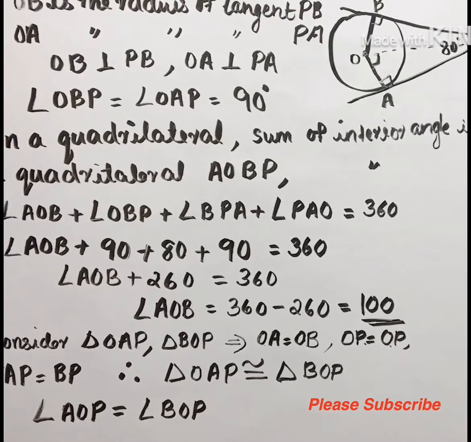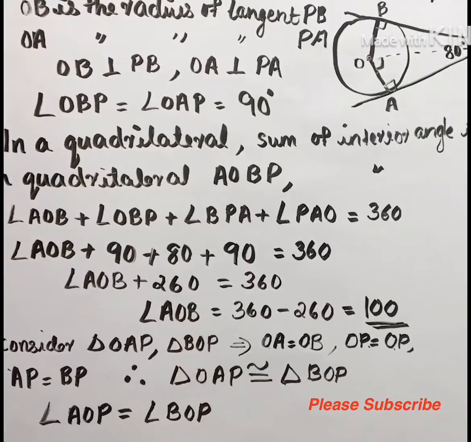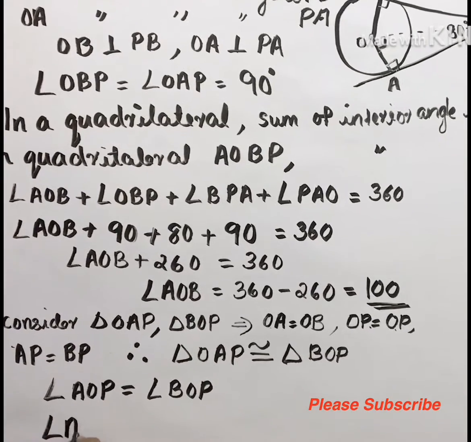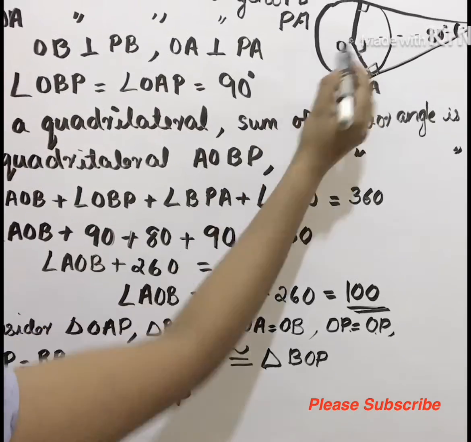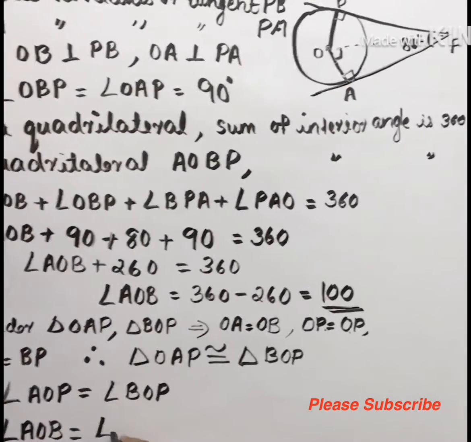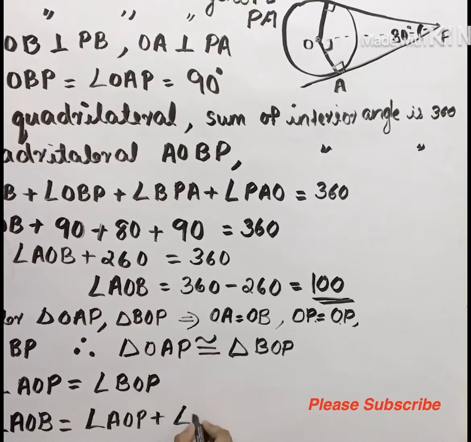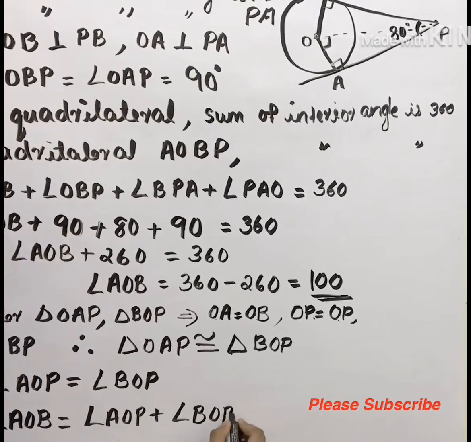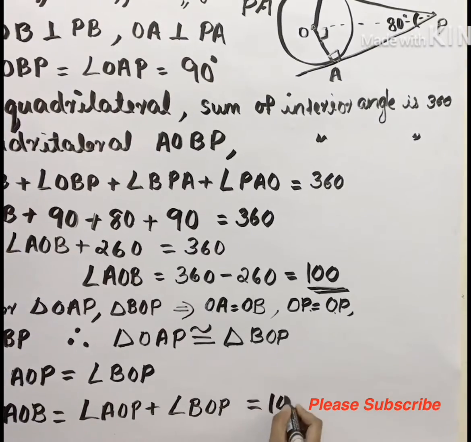We already got that angle AOB is equal to angle AOP plus angle BOP, which is equal to 100.